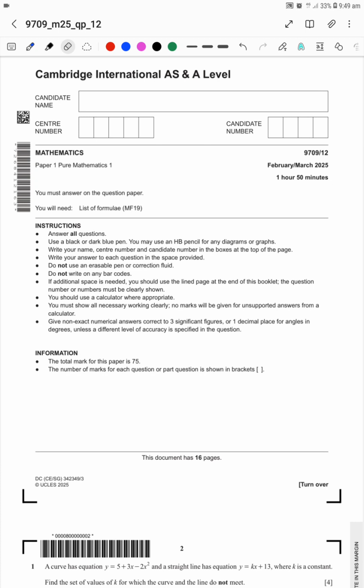Today we are going to answer the February-March 2025 Cambridge International AS and A-Level Pure Mathematics 1. Yes, so this paper is a 1 hour 15 minutes paper, and we are going to break it down into 11 or 12 different videos.